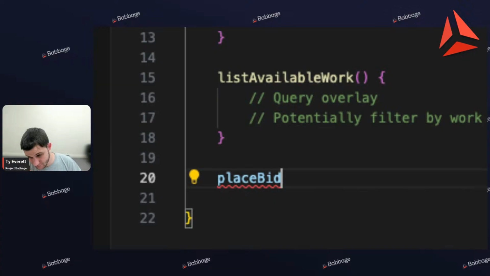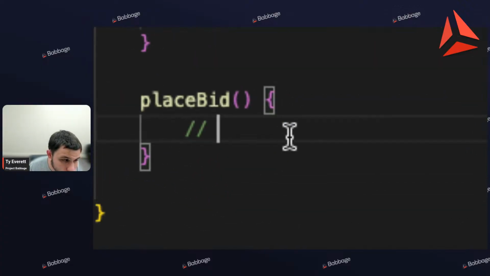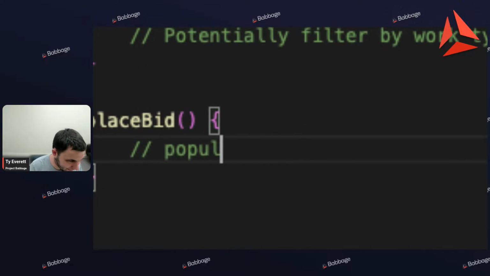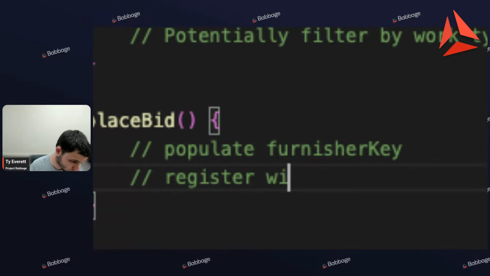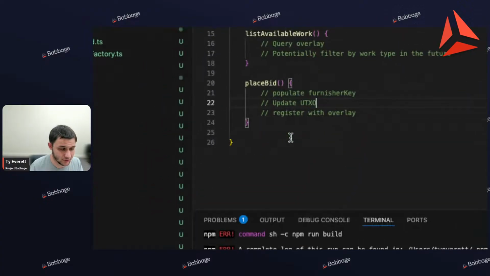So I can put a bid on a contract, which you'd update the UTXO and register it with the overlay.